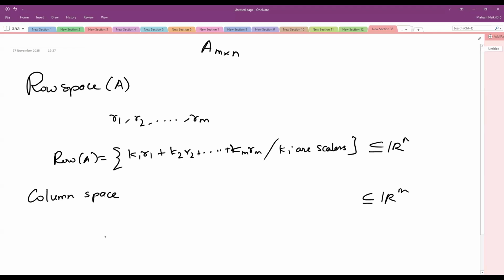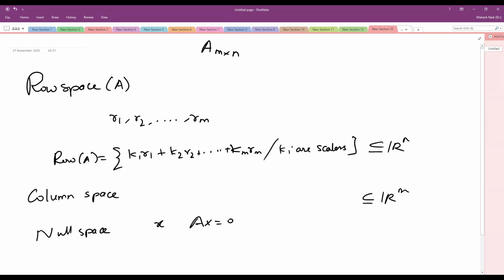On the same lines, we can also define the null space. So what is null space? The space of all vectors which satisfy Ax equal to 0.